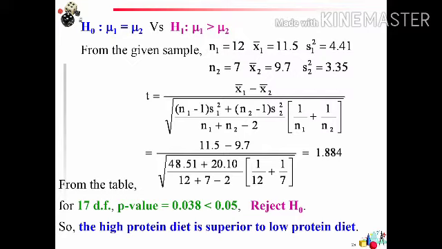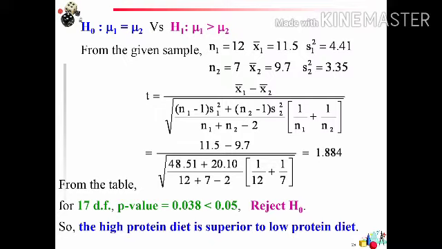So the test statistic t equals x1 bar minus x2 bar divided by square root of n1 minus 1 s1 squared plus n2 minus 1 s2 squared divided by n1 plus n2 minus 2, into 1 by n1 plus 1 by n2. Substituting these values in this equation, we get the test statistic as 1.884.